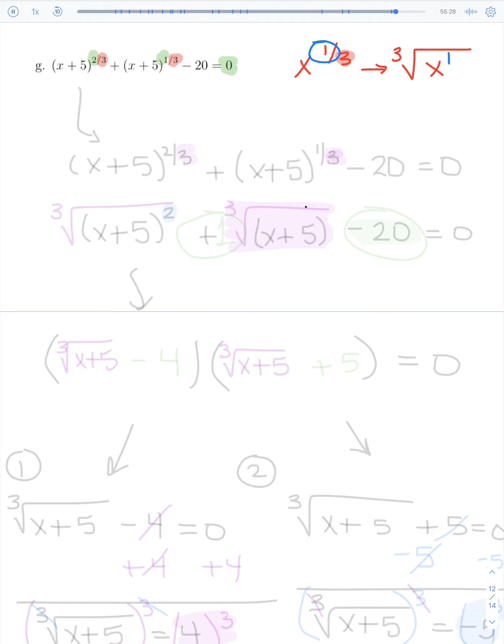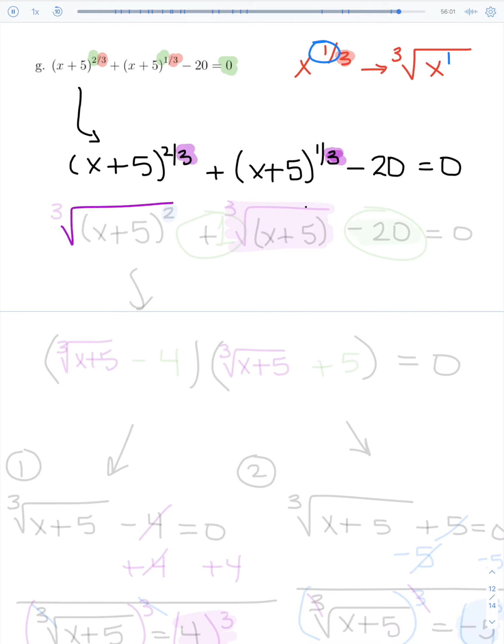So here's the idea. We're going to rewrite this original equation. We've got x plus 5 to the 2/3 plus x plus 5 to the 1/3 minus 20 equals 0. So the first thing that we'll start off by doing is rewriting, because both of these have a 3 on the denominator, them as cube roots.